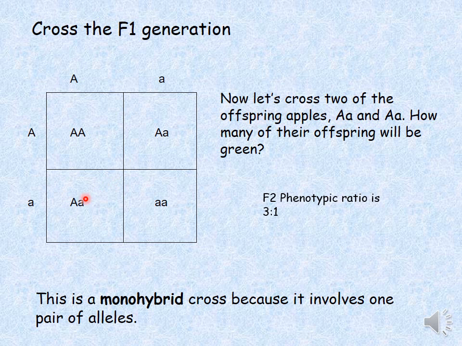Big A, small a, there's two of them, and then small a is one of them. So the phenotypic ratio is 3-to-1. The genotypic ratio is 1-to-2-to-1.